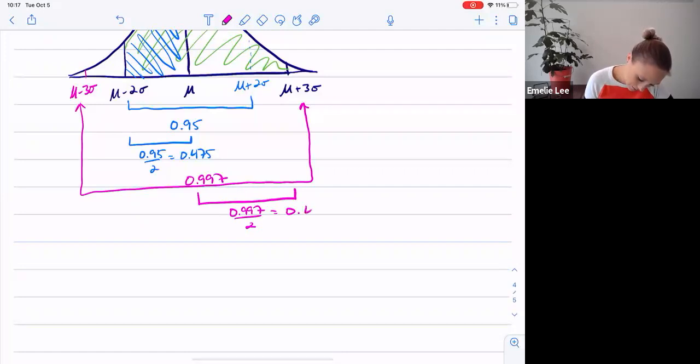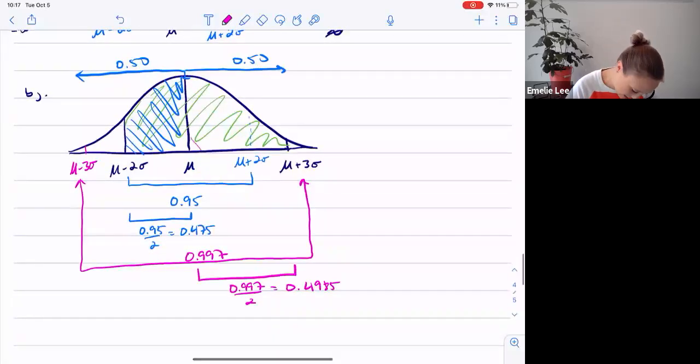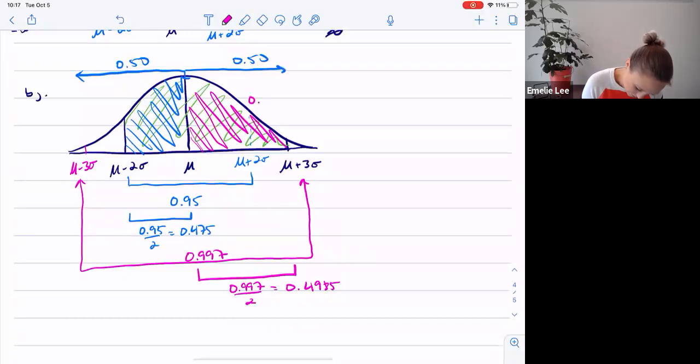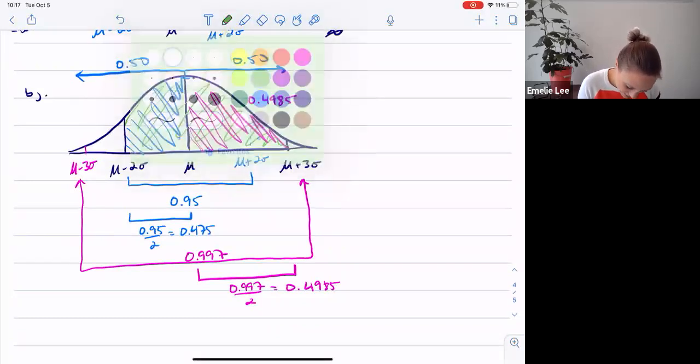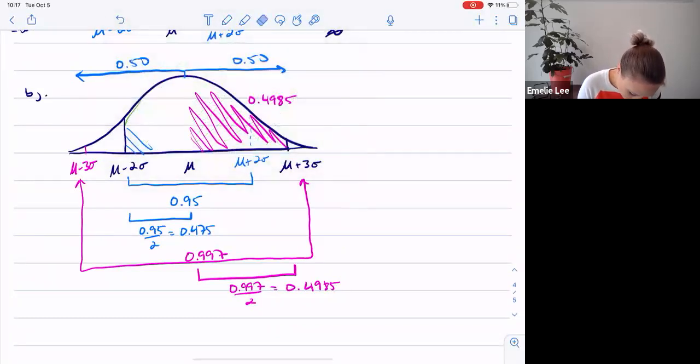We're getting there together, 0.4985. I am impressed that you guys are so on it. Okay. So then what we're saying is that this half a piece is 0.4985.